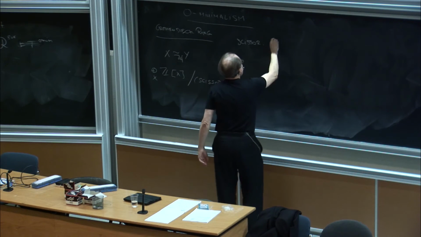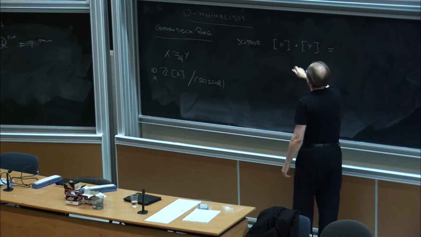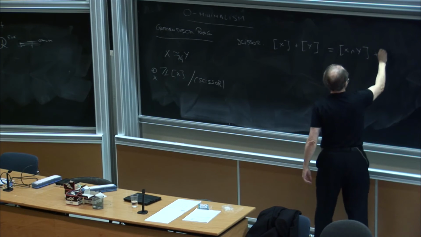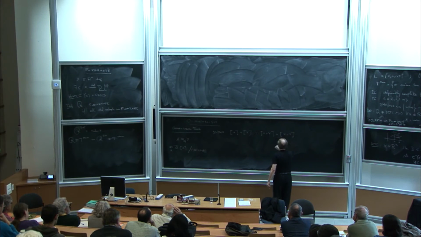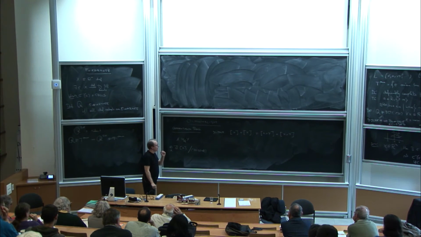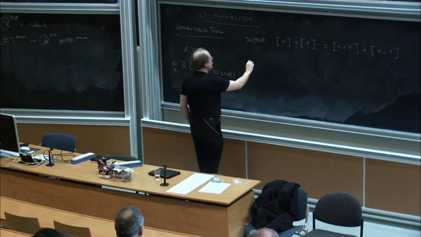Or a bit more general, the class of X plus the class of Y is the class of X intersect Y plus the class of X union Y. It's a generalized counting principle. It's a generalized Euler characteristic, to be even more precise. That's the scissor relations. That gives you a group. And now you make it into a ring, so the multiplication.